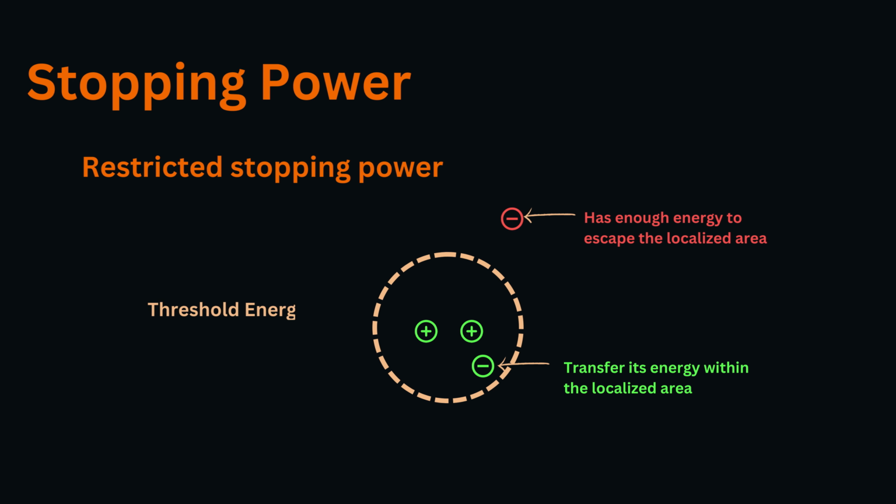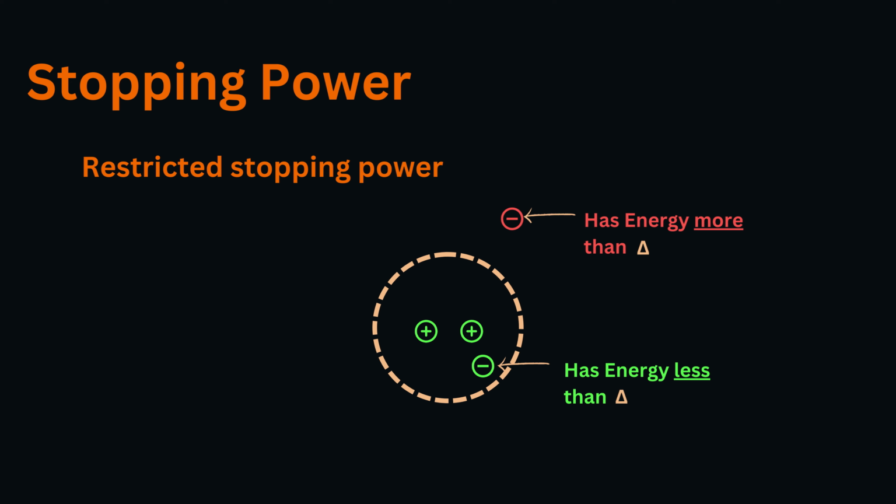This threshold energy depends on the localized area or the region of interest that we need to calculate the dose in. For problems involving ionization chambers, a frequently used threshold value is 10 keV.